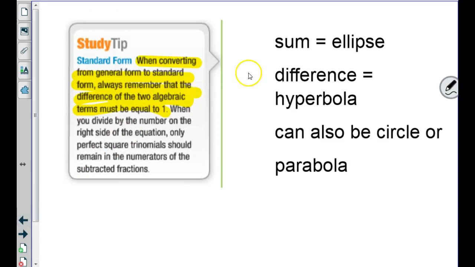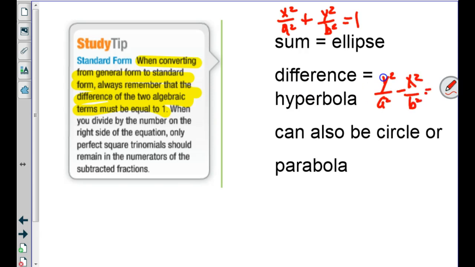Okay, when we are completing the square, remember if we end up with something squared plus something squared equals 1, it's an ellipse. If it's a difference, like something squared minus something squared equals 1, then it's a hyperbola.